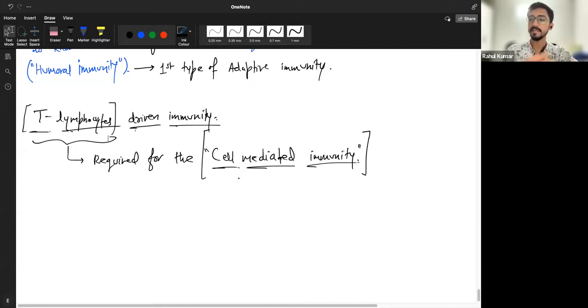And the cell mediated immunity is responsible for the organ or graft rejection.